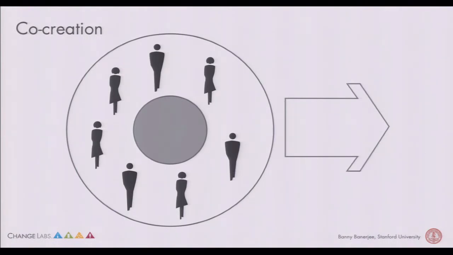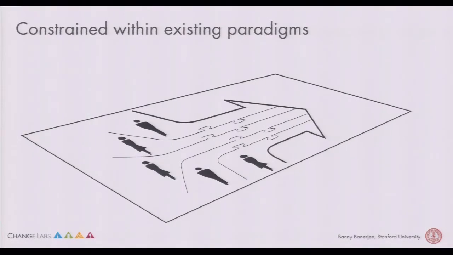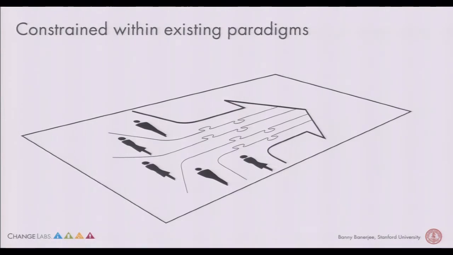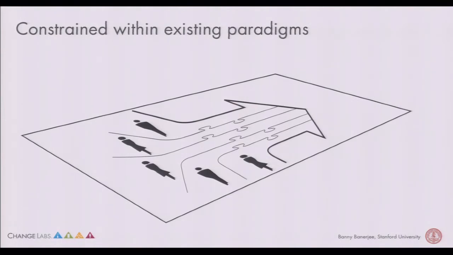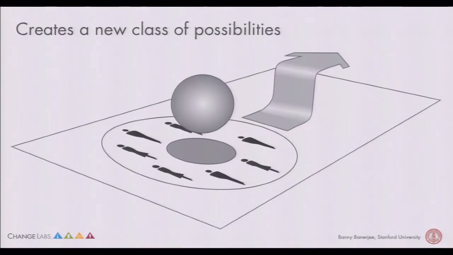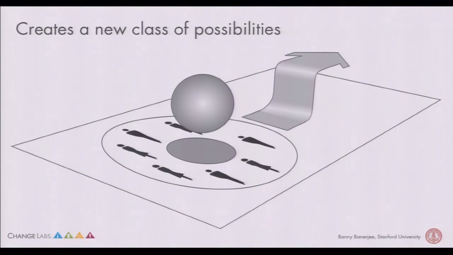You can't use known solutions towards a completely unknown class of challenges, and you need to hack a new system. The difference between these two is that, looked at obliquely, in collaboration people stick to their disciplinary boundaries. But in co-creation, you create new epistemologies and new ways in terms of the class of the challenge, and it opens up new possibilities.